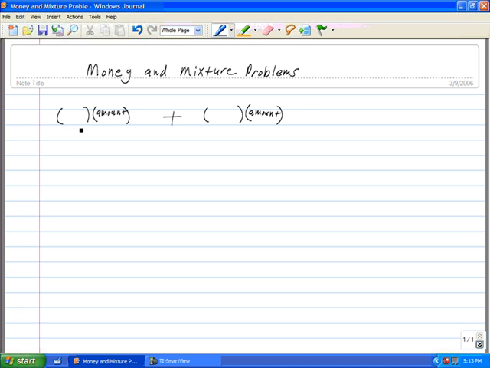Also, each ingredient is going to have with it an associated percentage or some other type of value, sometimes a dollar figure. And again, that goes for each ingredient. A percentage, like with a chemical, or a value, like a dollar value.